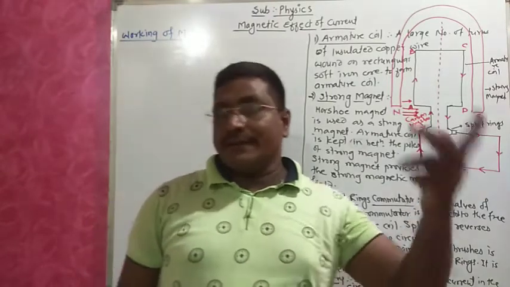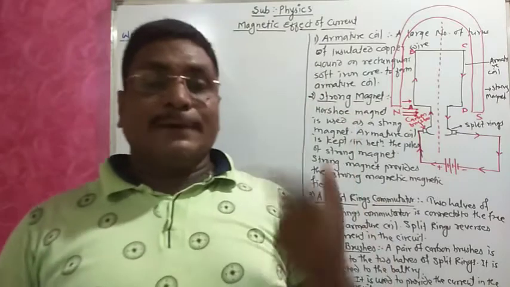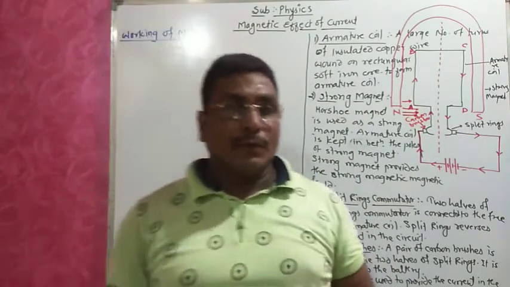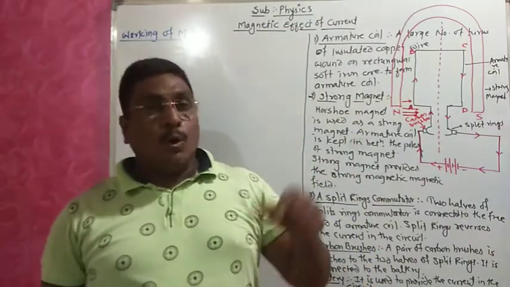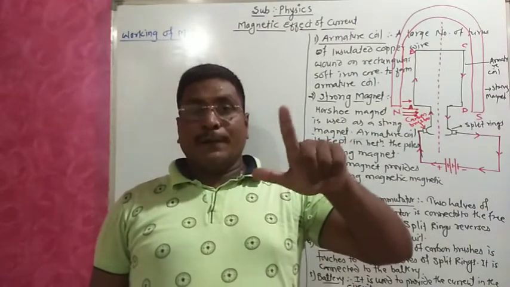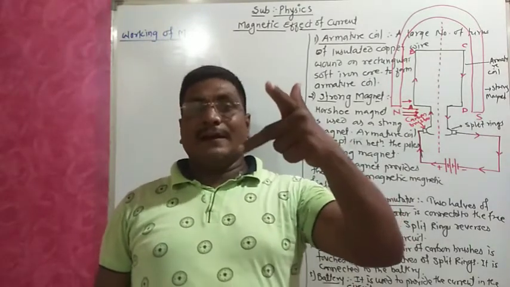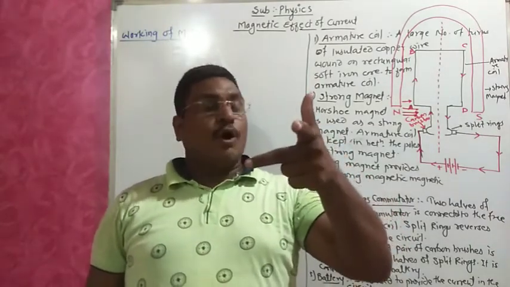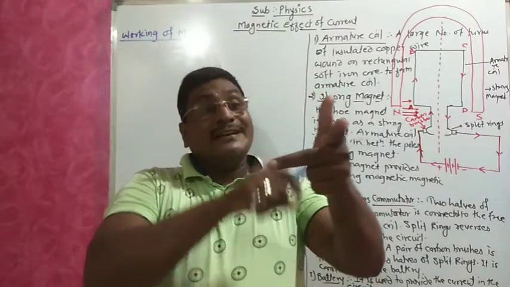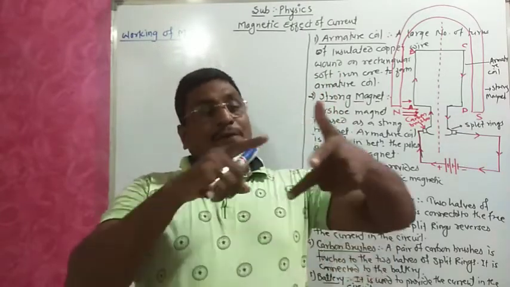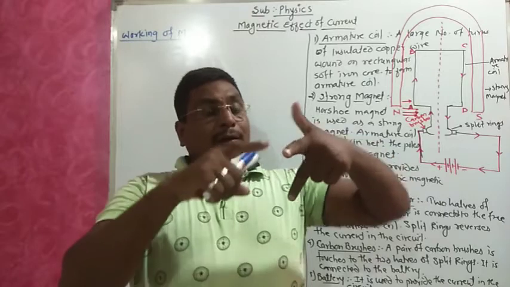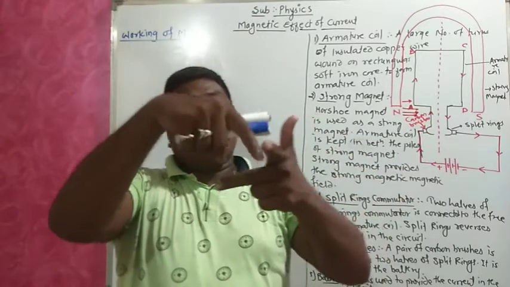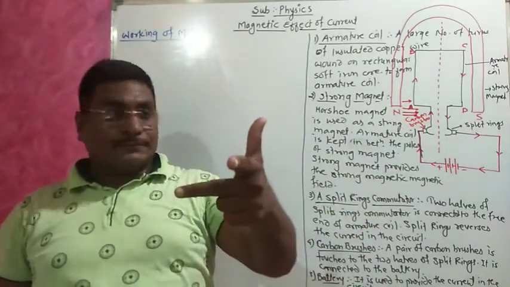Remember, students, what we studied in Fleming's left hand rule. What we studied? Hold the forefinger, middle finger and thumb of your left hand such that they are mutually perpendicular to each other.